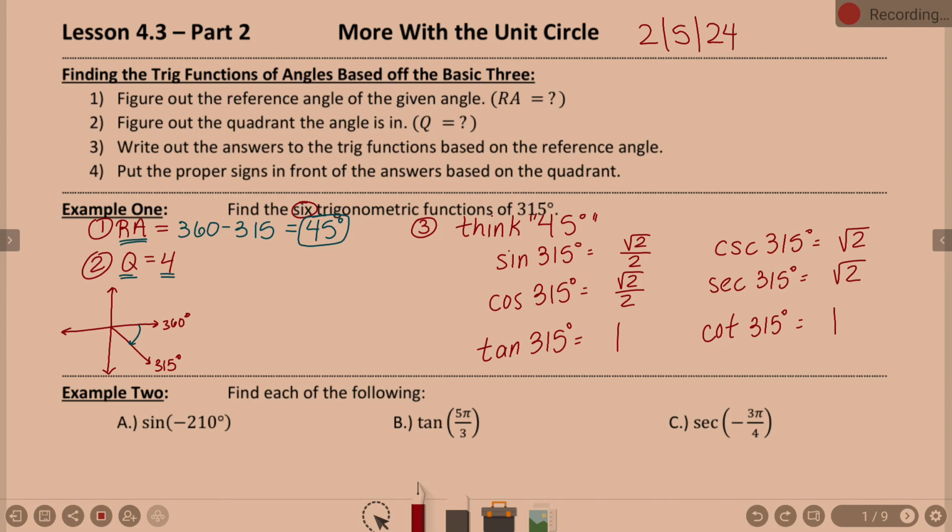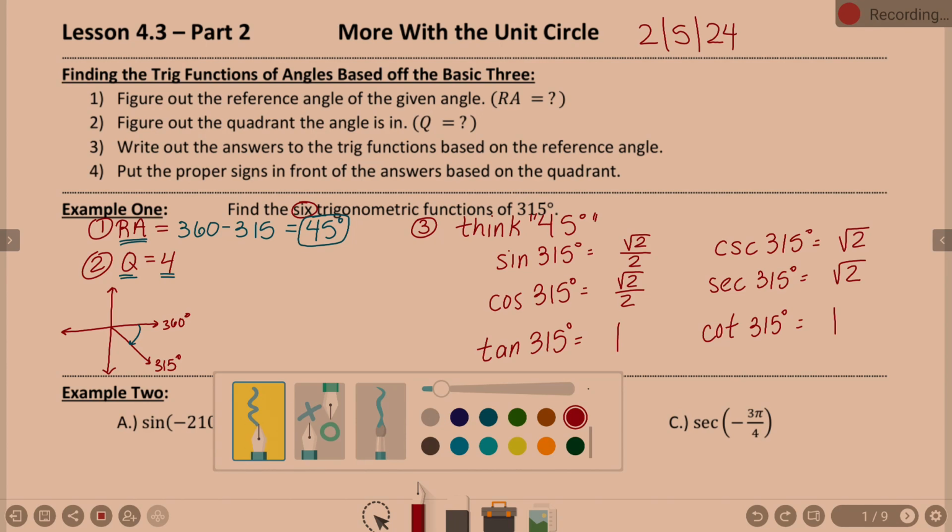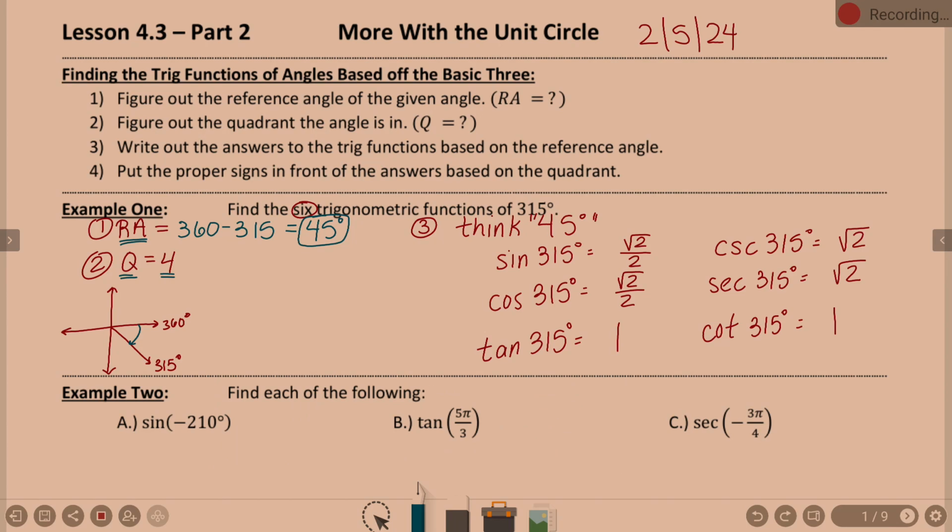Okay? Now, we wrote out the answers to the trig functions based on that reference angle of 45 degrees. Our final step is to think about signs. What's our phrase? Or I don't know what your phrase is.